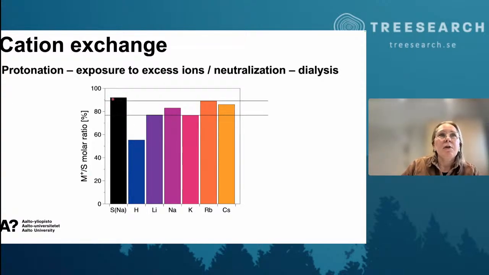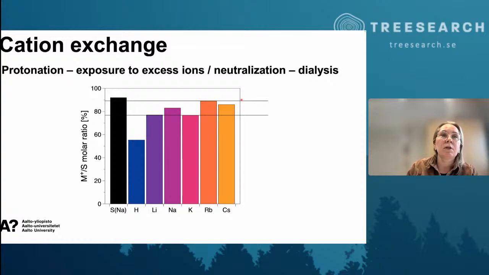Here is first just the sulfur, with the sodium there to begin with, then the protonated form, and then the series of lithium, sodium, potassium, rubidium, and cesium. And we can see these inclusion levels with the excess of the cations available.